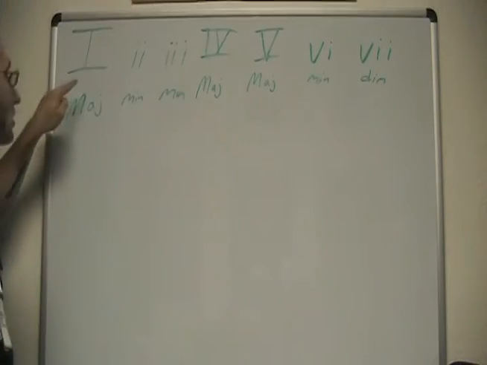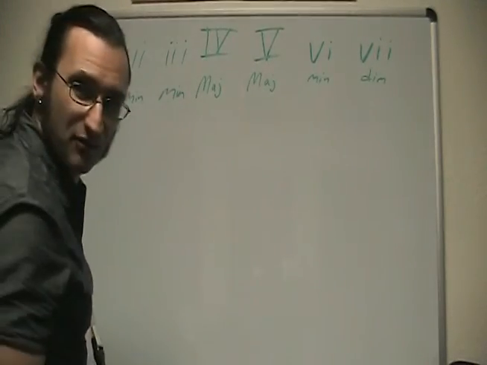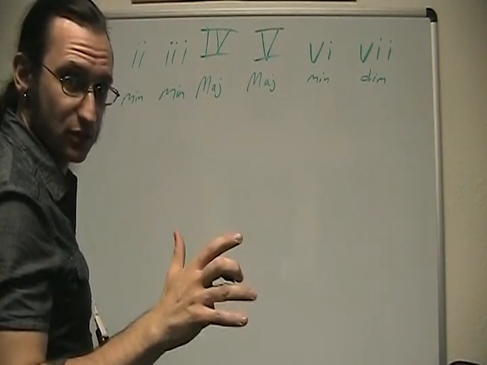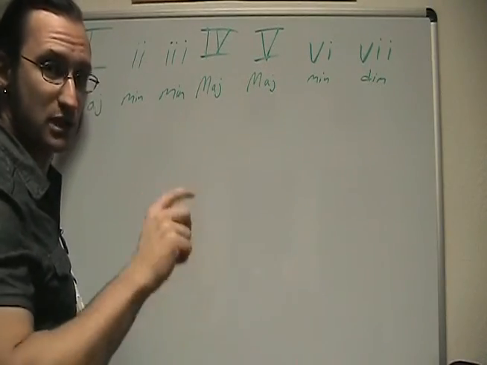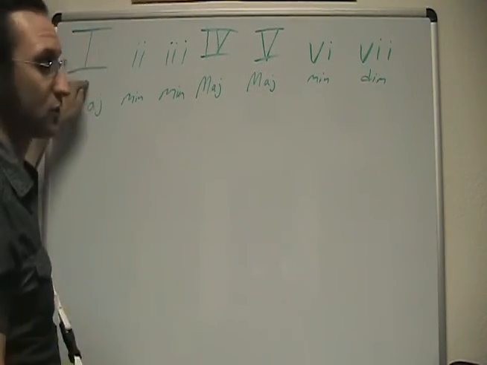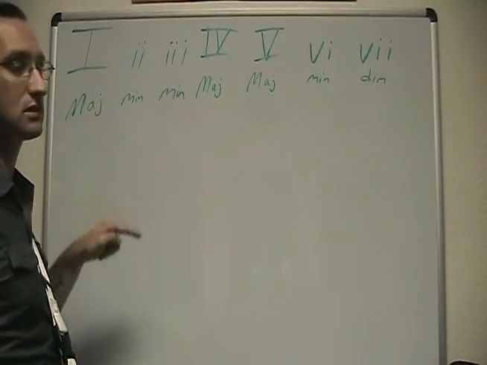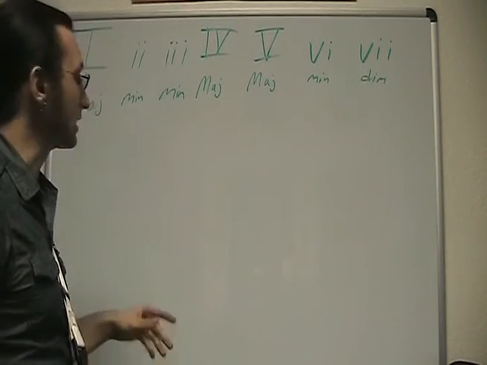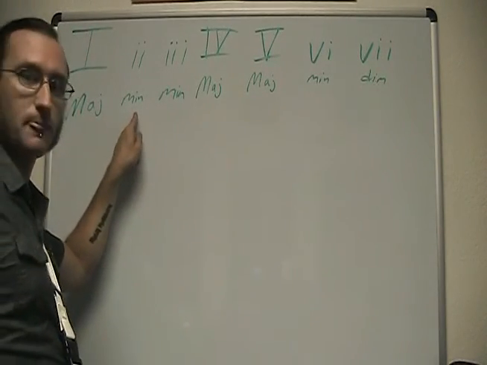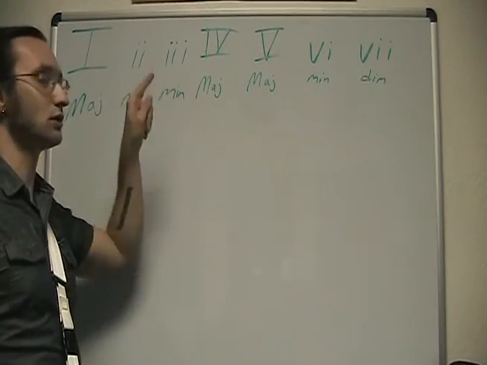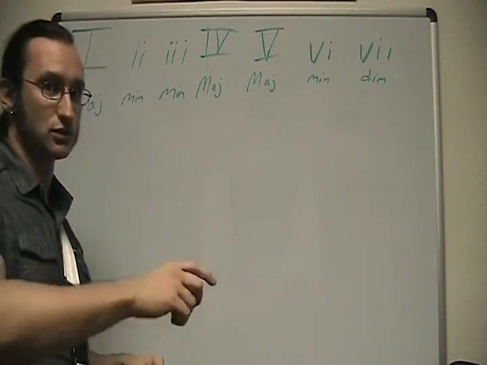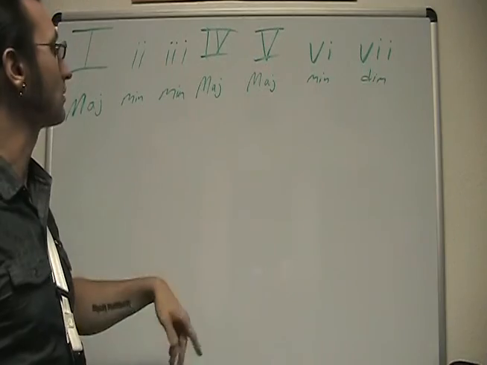So if you start on the first note of any major scale, and you skip every other note, you have a major chord. If you start on the second note of any major scale, skip every other note, you have a minor chord. Same thing if you start on the third note, you have a minor chord.